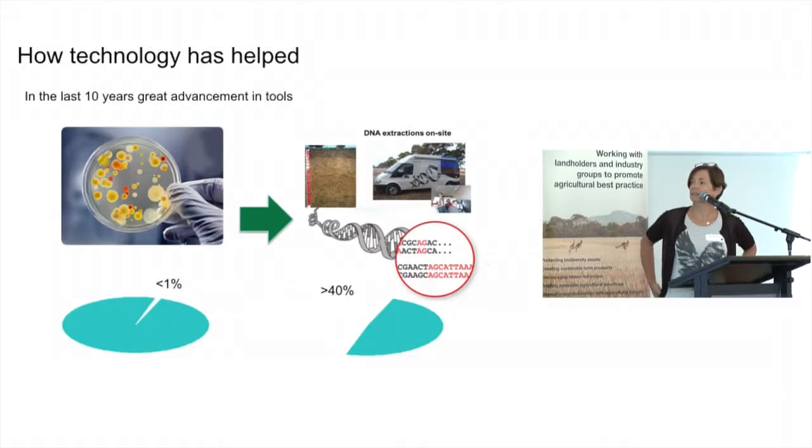As I mentioned, technology has come a long way. In the environmental sciences, we've piggybacked a lot on the medical area, and they've been working on the development of tools for a long time.